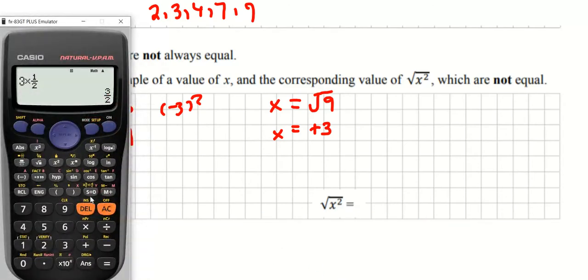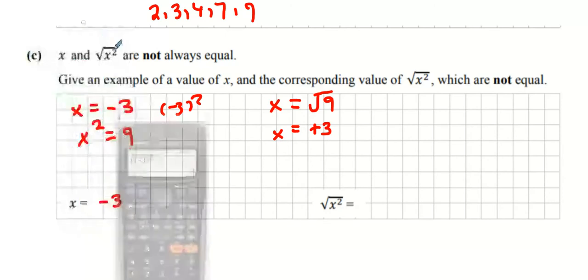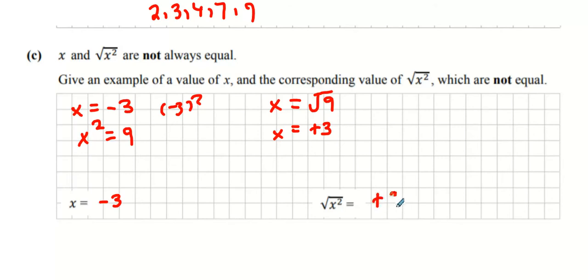You could put root of minus 3 squared into the calculator and it spits out plus 3. So you can see that the answers aren't the same. Okay, so they're not always equal, but the calculator fails to take into account that you have to do the plus and minus of the square root. So the answer is any negative number and then the corresponding positive number.